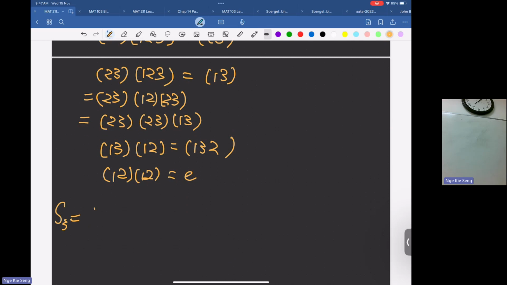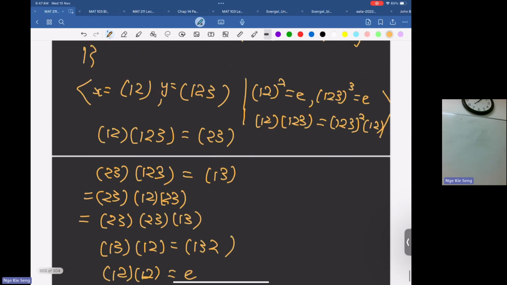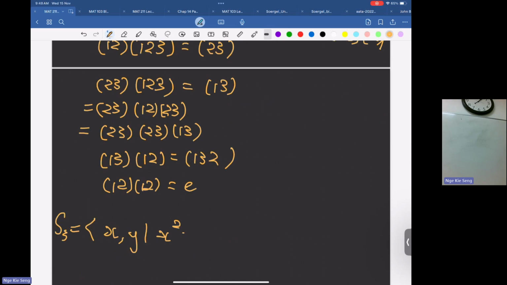The S3 group can be written as generated by x, y, such that x squared is identity, and then y cubed is identity, and then yx equals x squared y. So I forget already that 1,2 commutes the two variables, 1,2,3 commutes the three variables. I just remember what relations they satisfy.